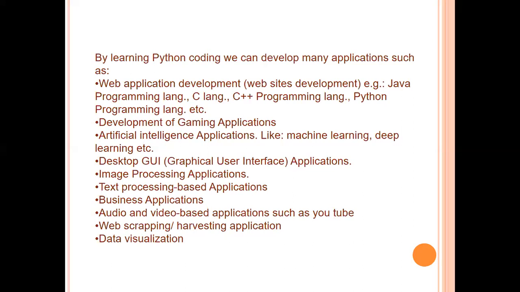So if you want to go ahead with machine learning, deep learning, or any other coding, you need to have the knowledge of Python. Desktop GUI. Now, what is GUI? Graphical User Interface applications. GUI applications can also be developed with the help of Python.